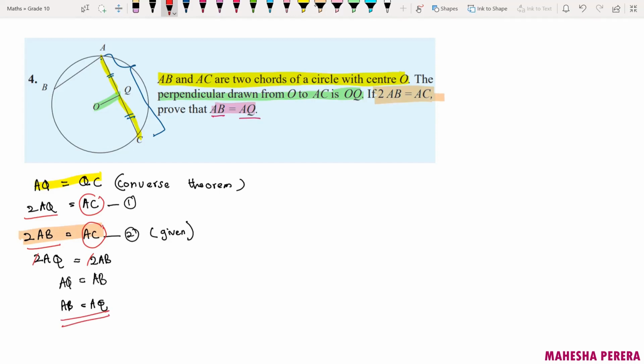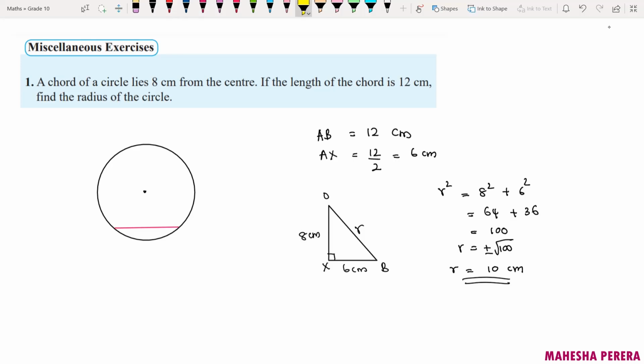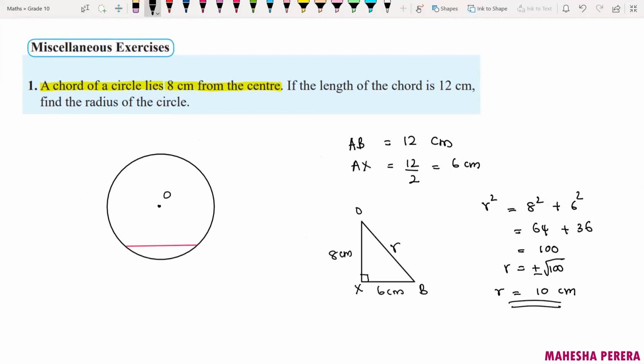Okay, right. Now let's do the questions in the miscellaneous exercise. First question: a chord of a circle lies 8 centimeters from the center. Right, now this is our center and let's call it O. So the distance between the center and the chord is 8 centimeters, right?